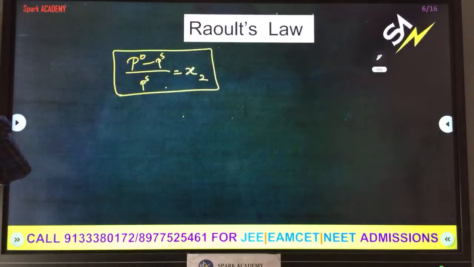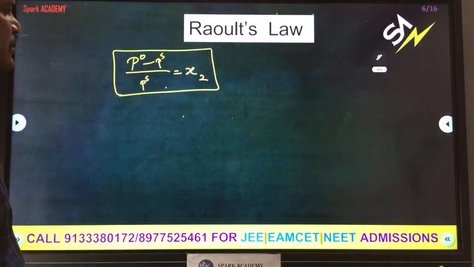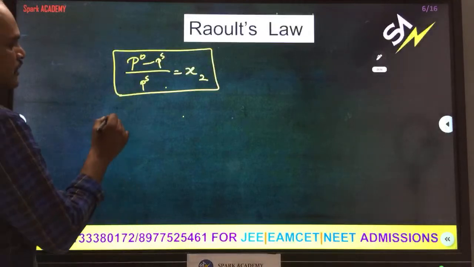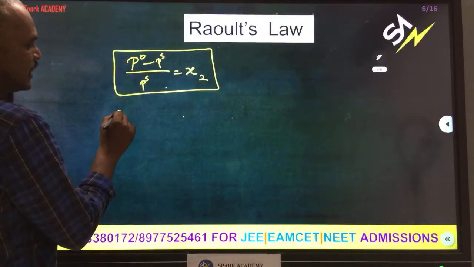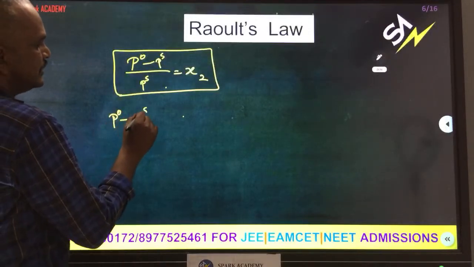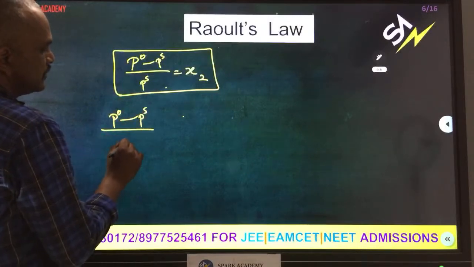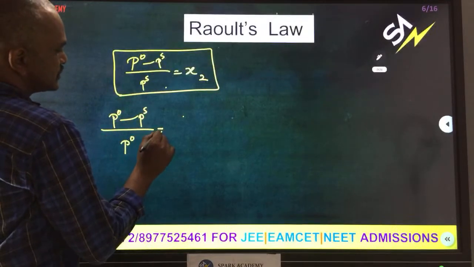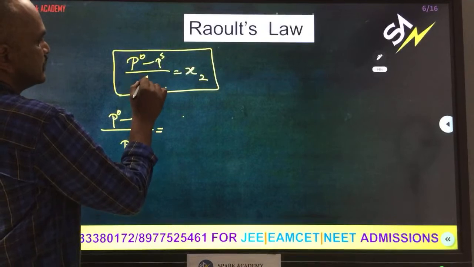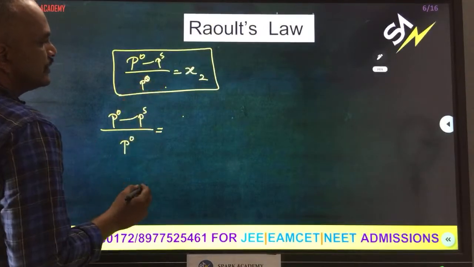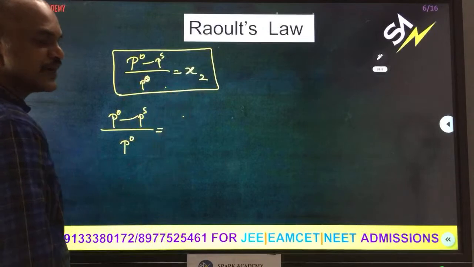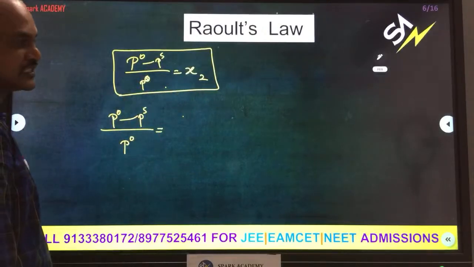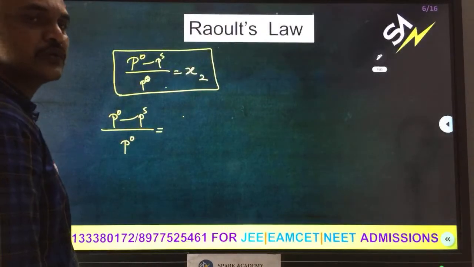So this is Raoult's law. How can we explain this? P naught minus Ps by P naught equals X2. What is X2? The mole fraction of the solute.